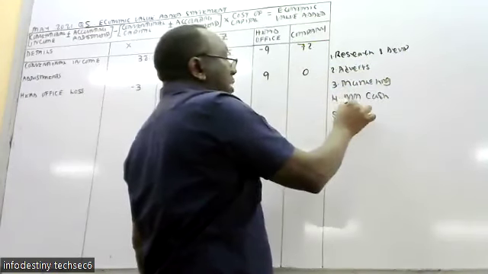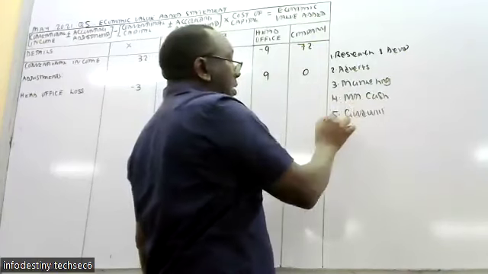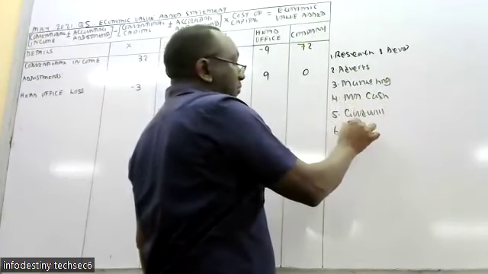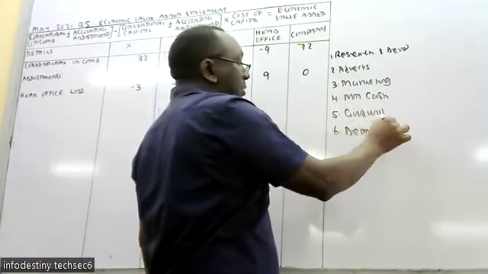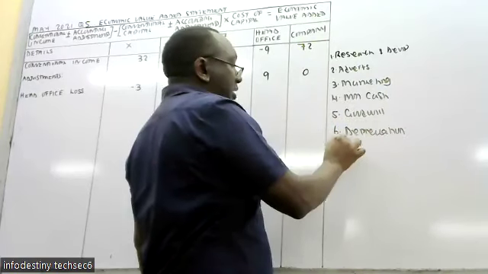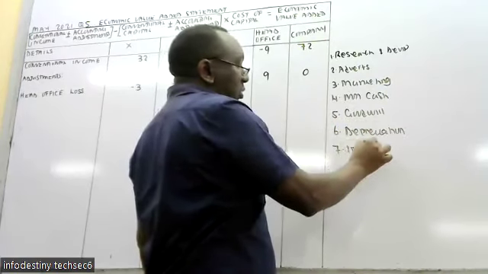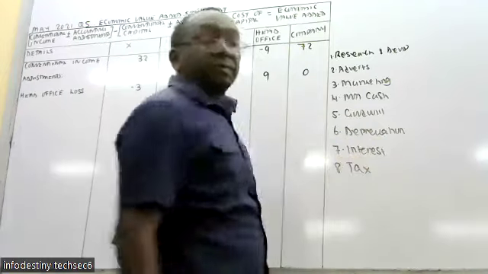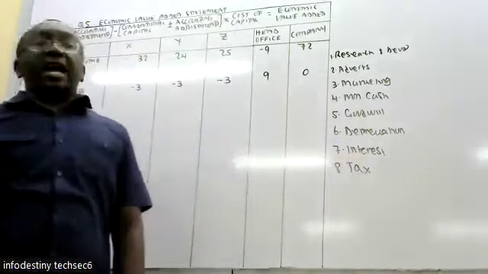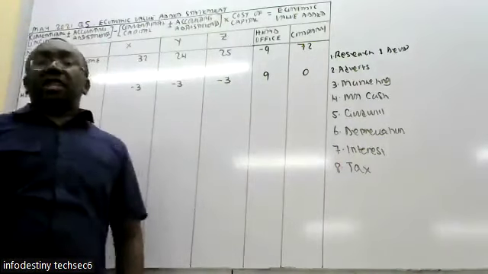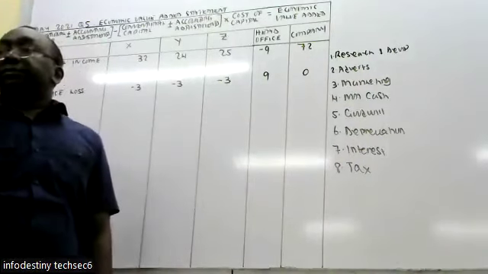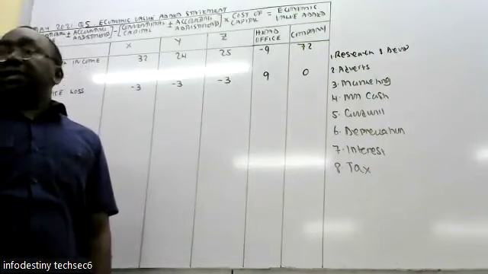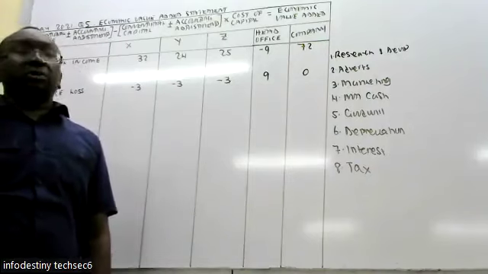Another one is goodwill. Another one is depreciation. Another one is interest. And the last one is tax. So those are items that you need to watch out for, whether they are present. Later on you check in your notes how they are supposed to be treated.